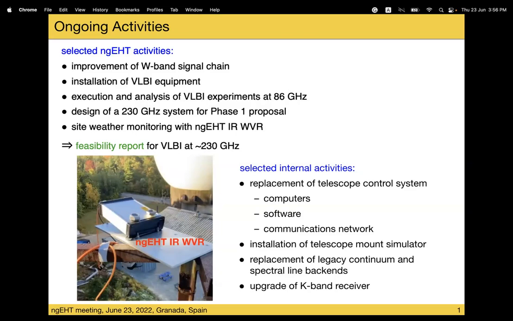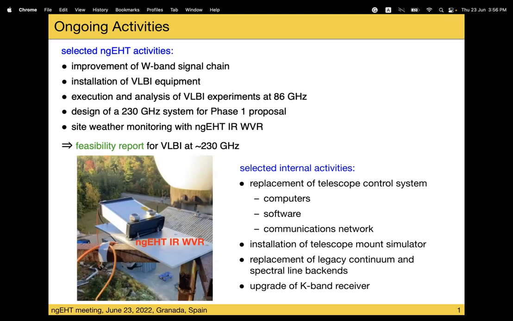The design of a 230 gigahertz system for the phase 1 proposal, and then we also have on site the ngEHT IR water vapor radiometer. This is near the Westford telescope, right on the GPS tower. So we have GPS data as well as IR data for recording the site weather parameters characterization.